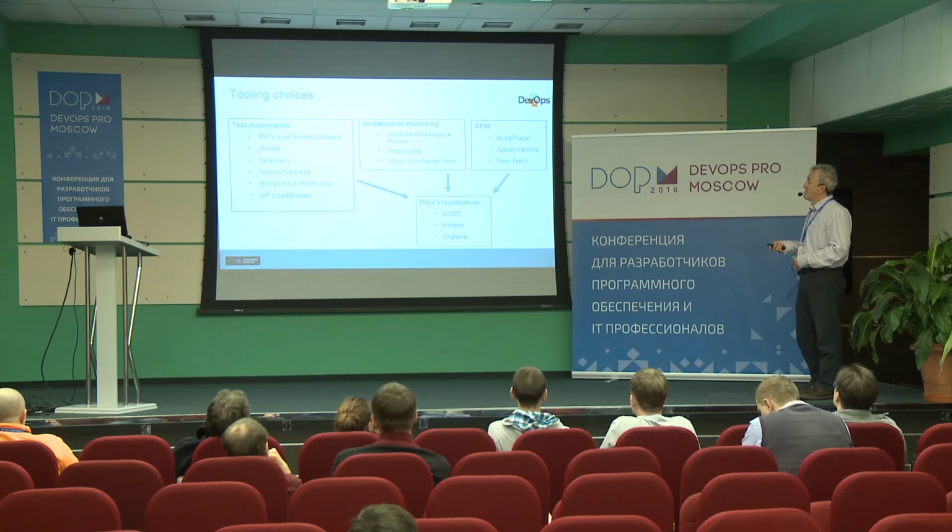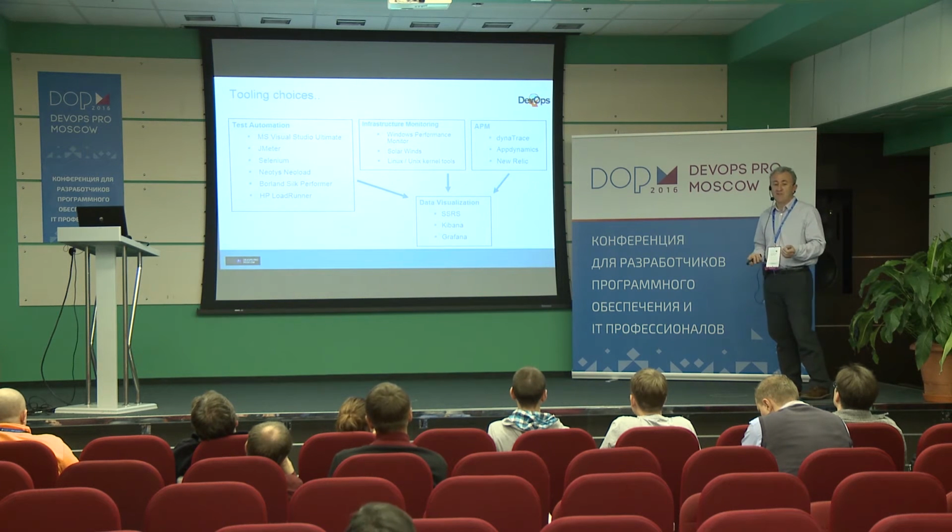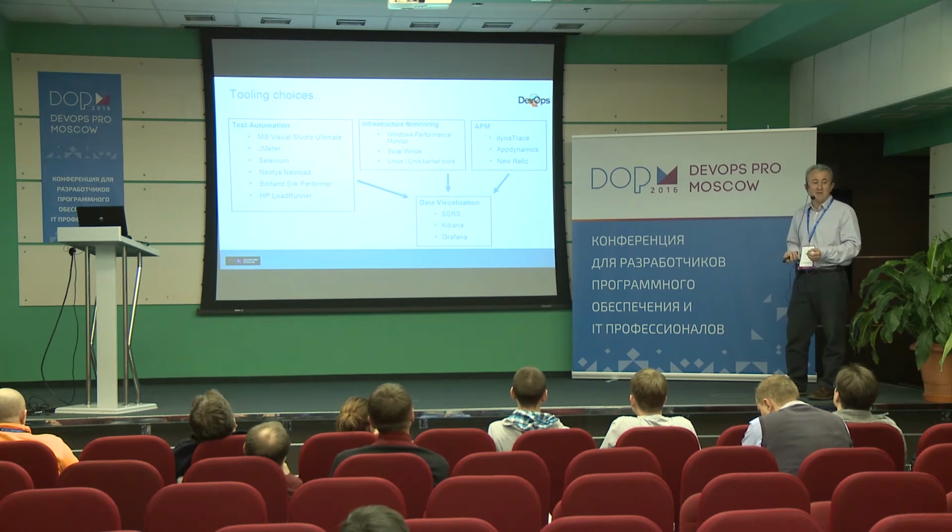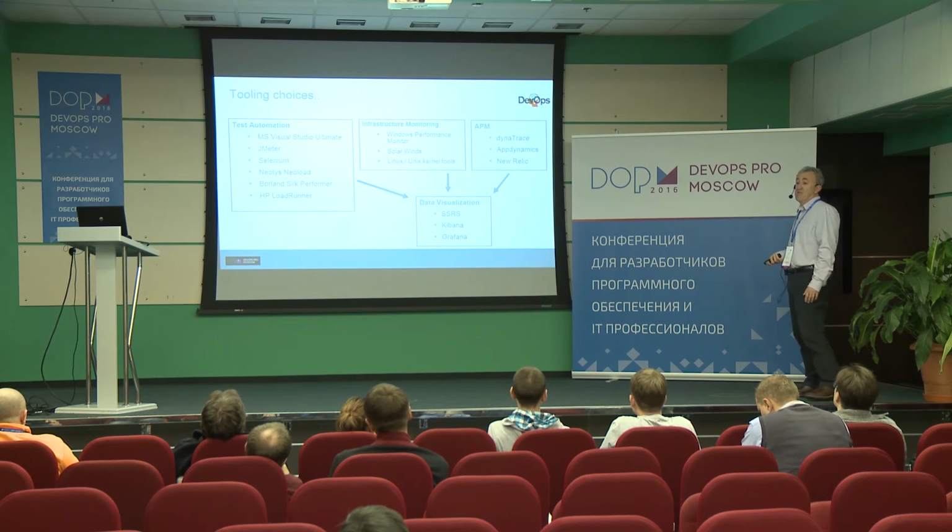But there's nothing to stop you using something more functional like Selenium, or NeoLoad. I do work with these guys. Whatever works, but the important thing is you don't necessarily have to make a new tooling investment to do performance testing in dev, and I think that's important.